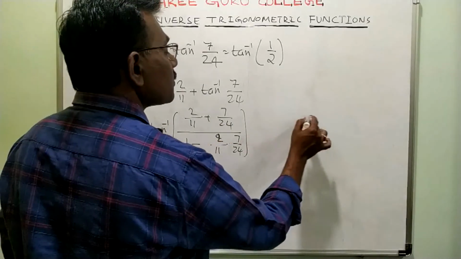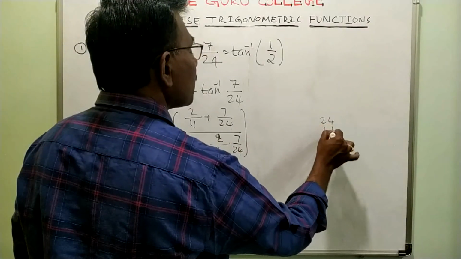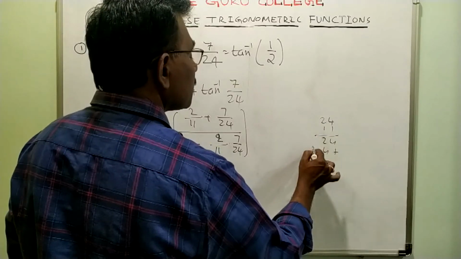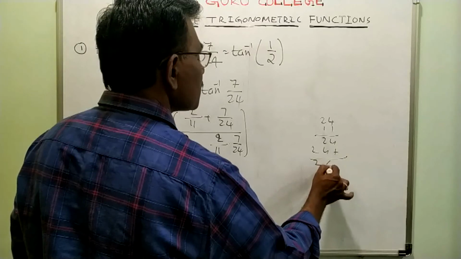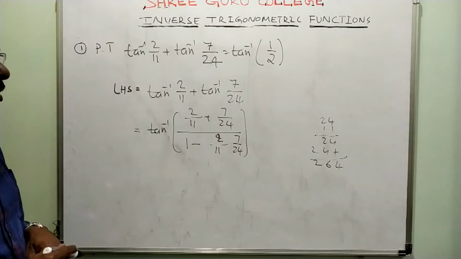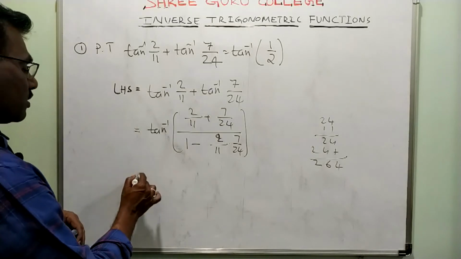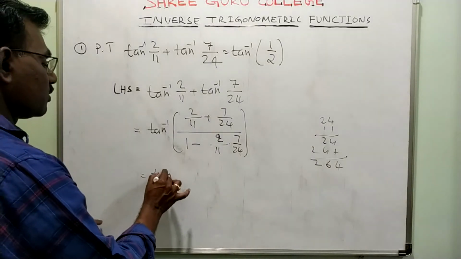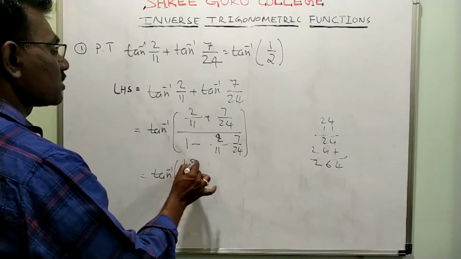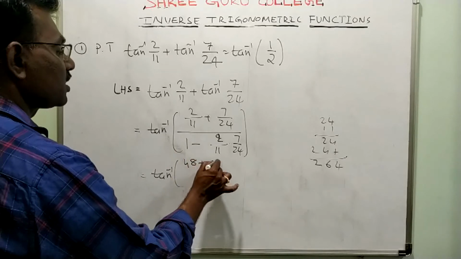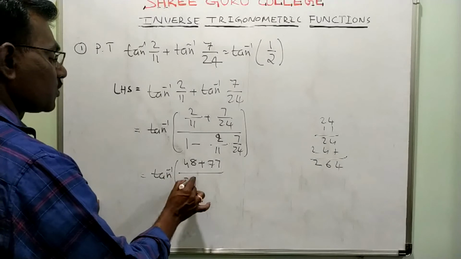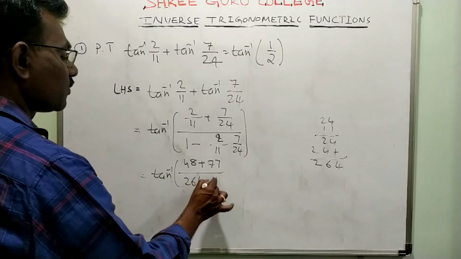So what is 24 into 11? 264. Equal to tan inverse of, 264 is the LCM, so it is 48 plus 77, divided by 264 minus 14.